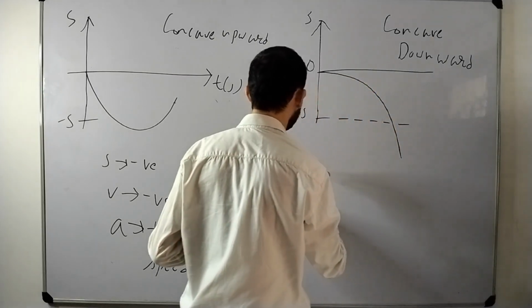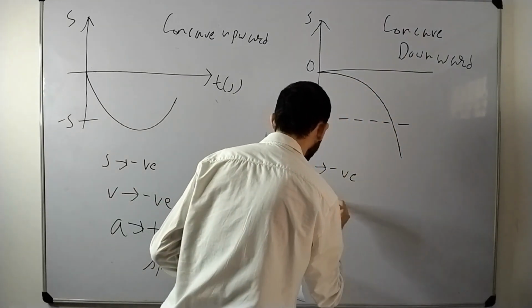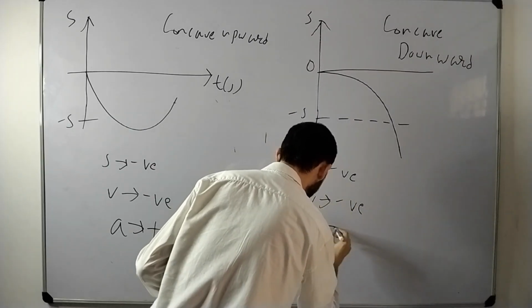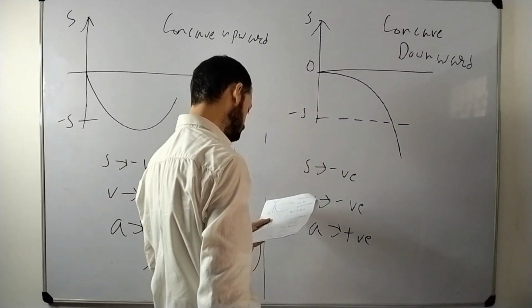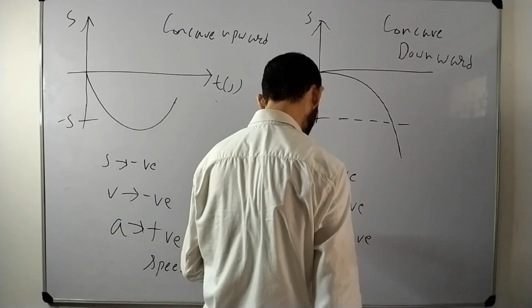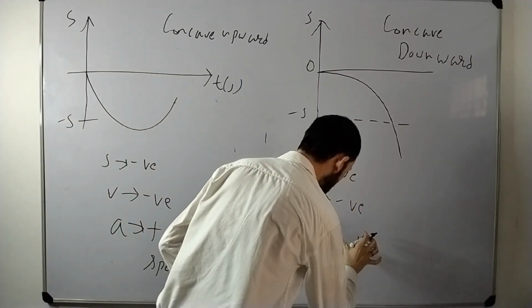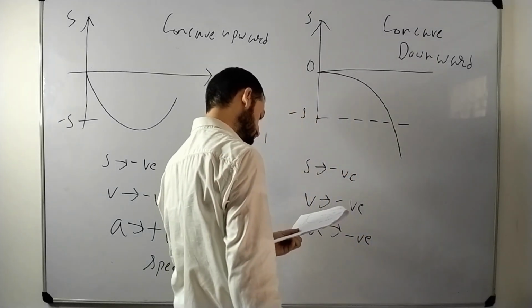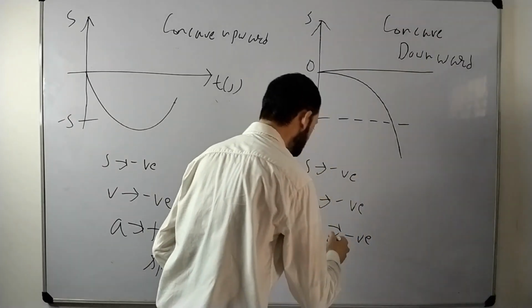Okay, students. So what should I write? S negative, velocity negative, acceleration happens to be negative. What am I writing? Acceleration happens to be a negative value. So what will happen to the speed? Speed increases.